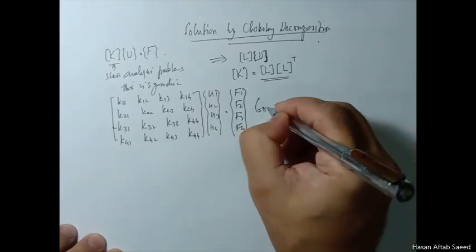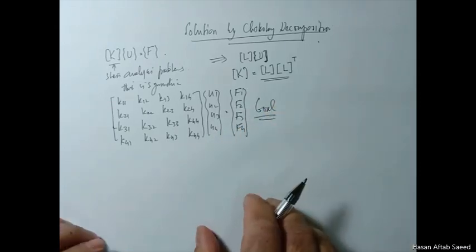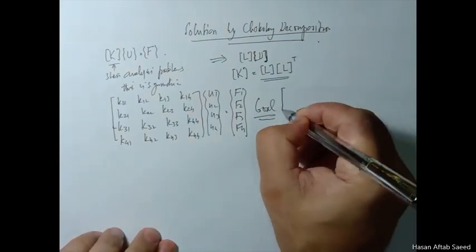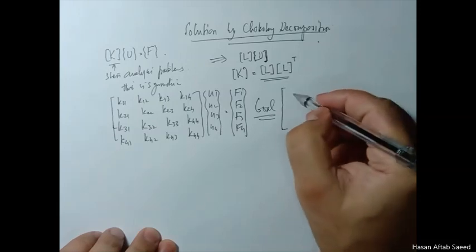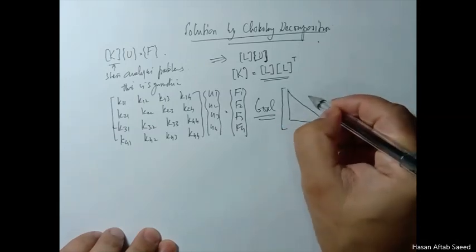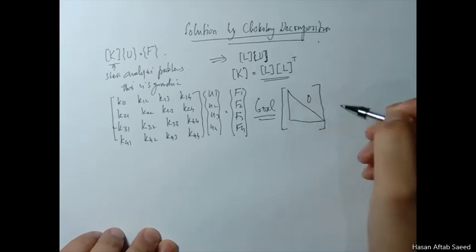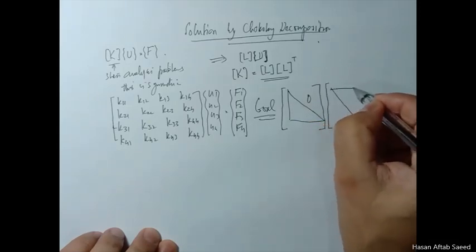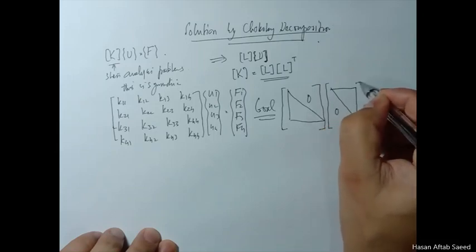So the goal here in Cholesky decomposition is to convert this system into a lower triangular matrix, and that will be something like this. You'll have 0 values here, and an upper triangular matrix. Symbolically it will be something like this.